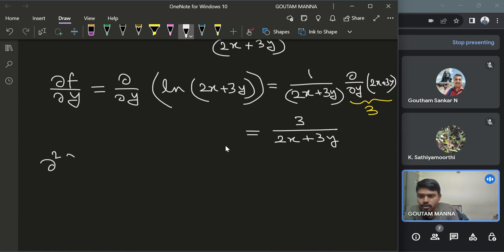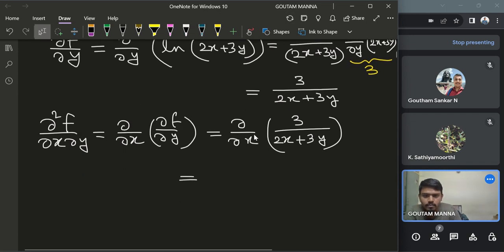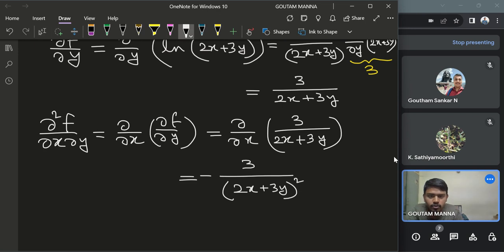And if you calculate del 2f del x del y, which basically means del x of del f del y, so it will be del x of 3 by 2x plus 3y, which equals, 3 is a constant, minus sign, square in the denominator, 2x plus 3y whole square, and then del x of this quantity, 2x plus 3y.